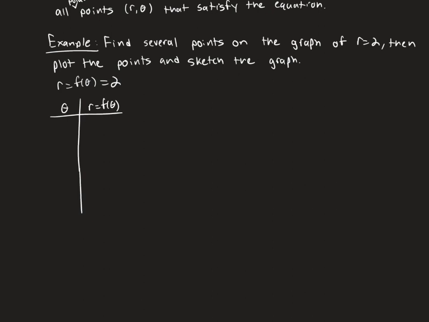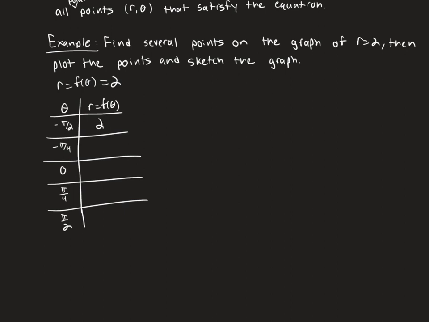Let's pick some nice angles theta that we know, like negative pi over 2, negative pi over 4, 0, pi over 4, and pi over 2. Since the function is constant, all of our r values are going to be the same.